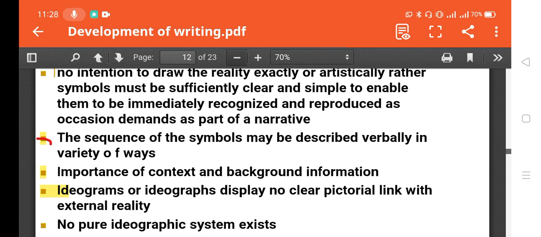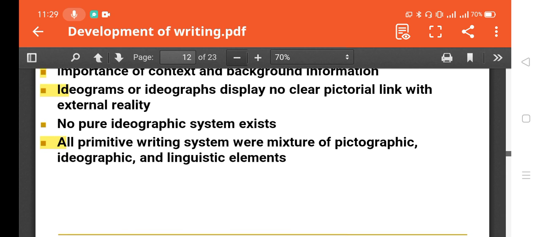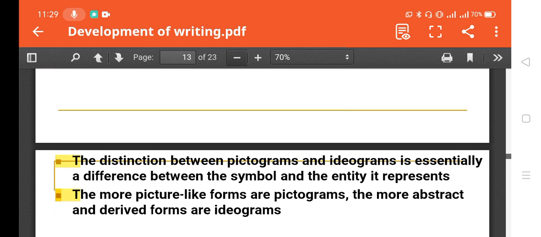The sequence of symbols may be described verbally in a variety of ways, and the importance of context and background information is there. Ideograms, also known as ideographs, display no clear pictorial link with external reality. All primitive writing systems were a mixture of pictographic, ideographic, and linguistic elements.